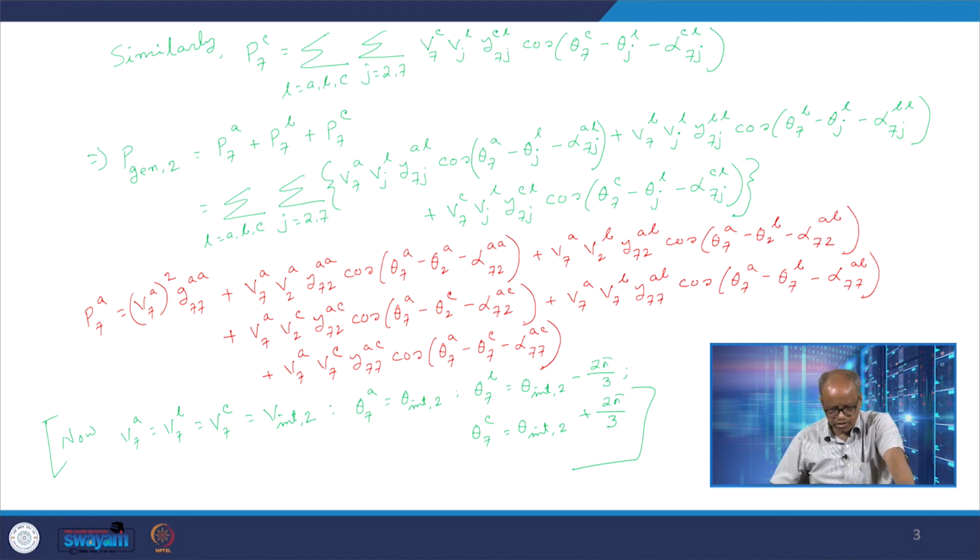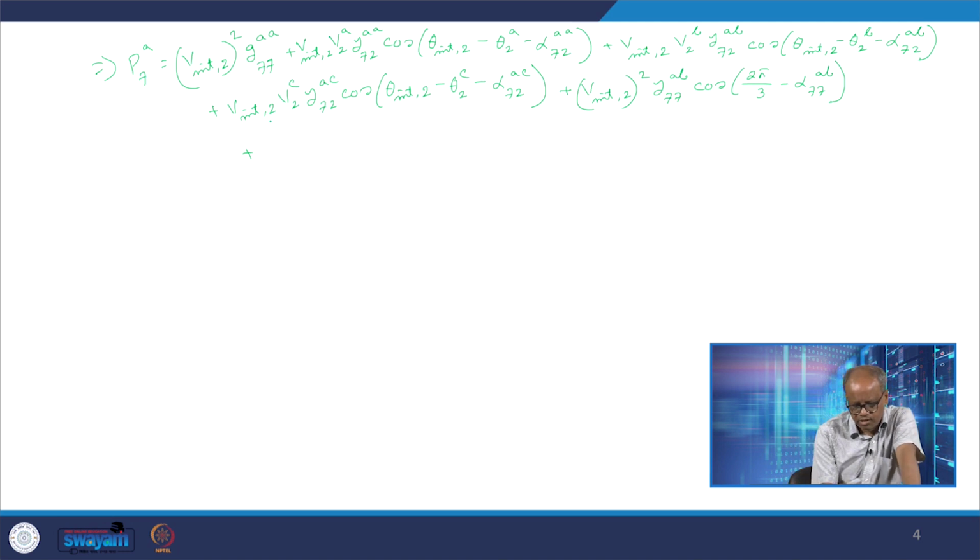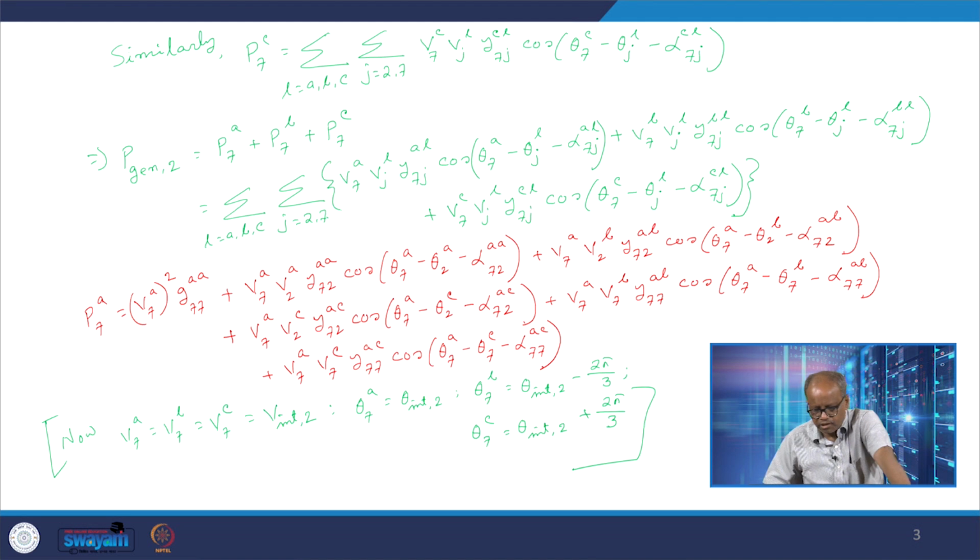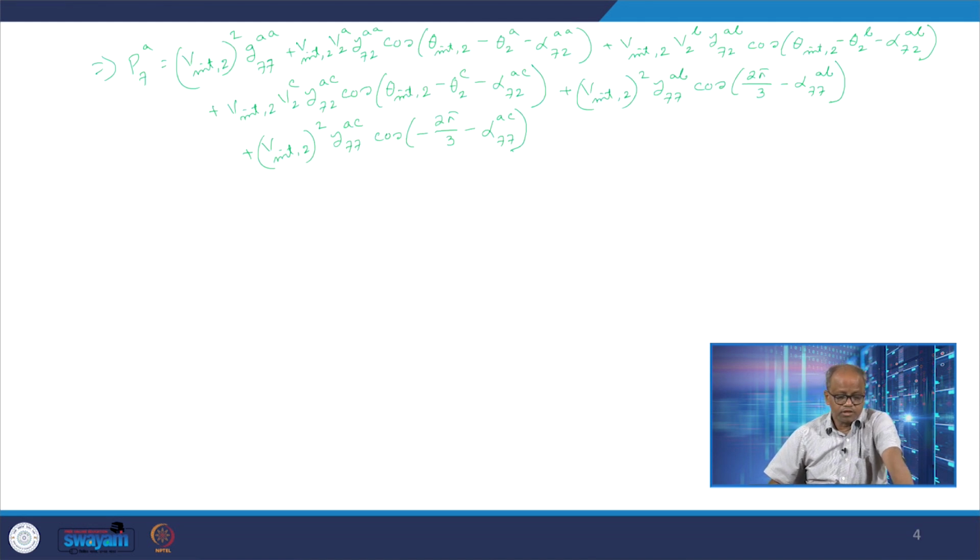So it is V internal 2 whole square Y77AC cosine of minus 2 pi by 3 minus alpha 77AC. So this would be the expression, in terms of all the variables of our interest, correct?